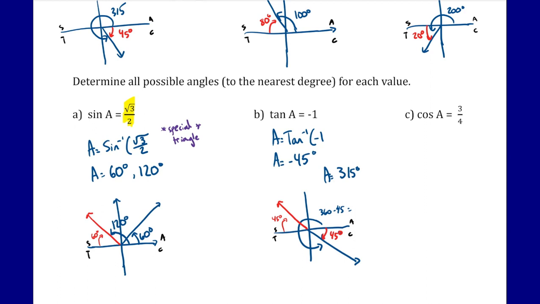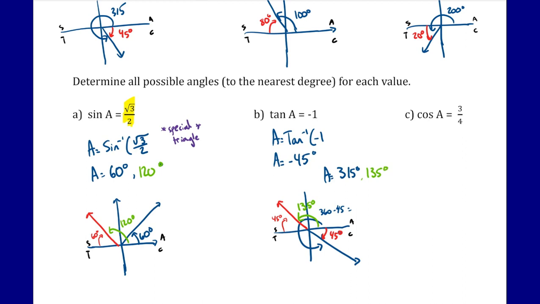Let me use green to help out with these ones, to keep everything color-coded. This one was 120. So the second one we're looking for is 180 minus 45, which would be 135.